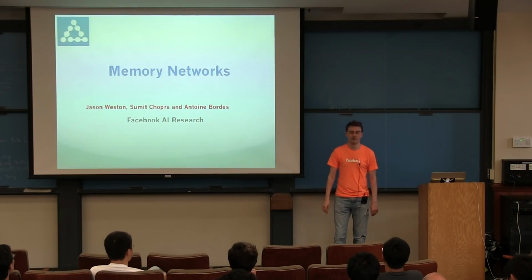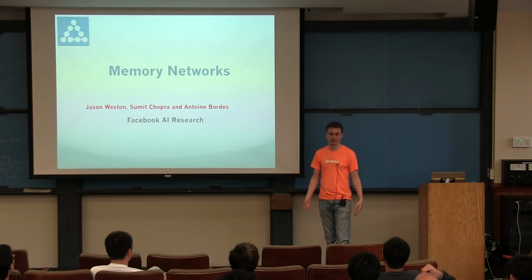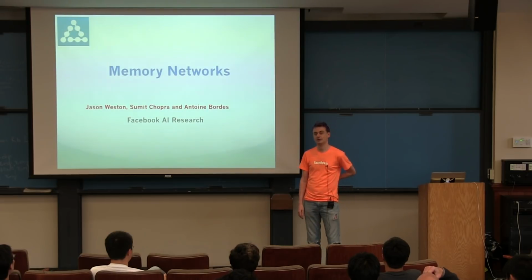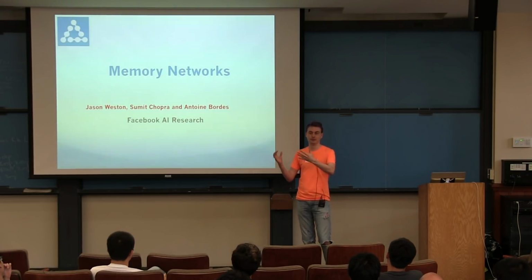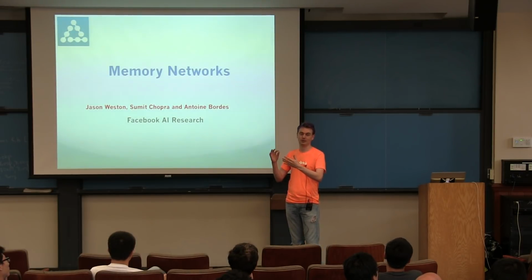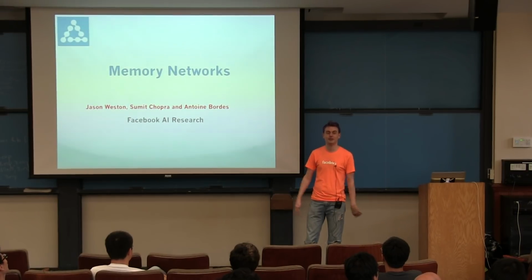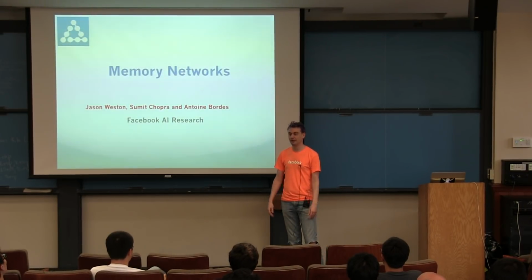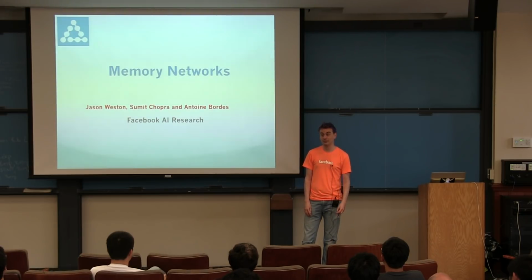They're a variant of neural networks where, obviously from the name, you're allowed to have some large external memory which the neural network is able to access. It can read and write to this memory in order to fulfill its function, whatever it's doing. In particular, we've been focusing on the problem of question answering.